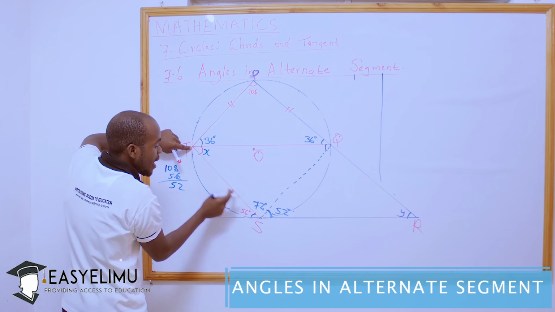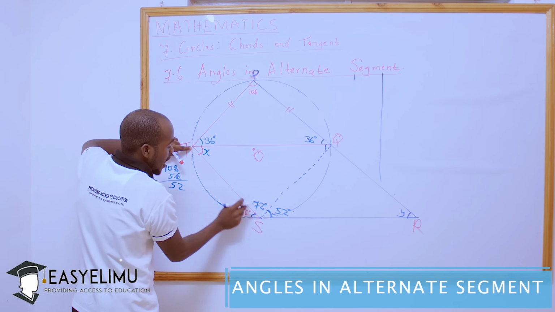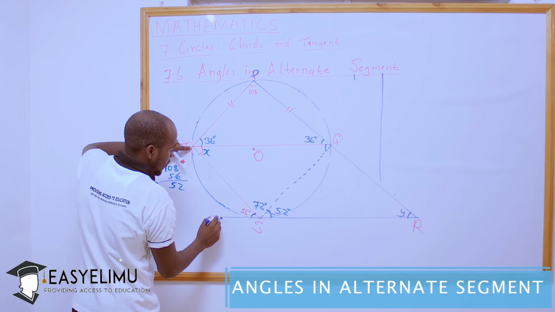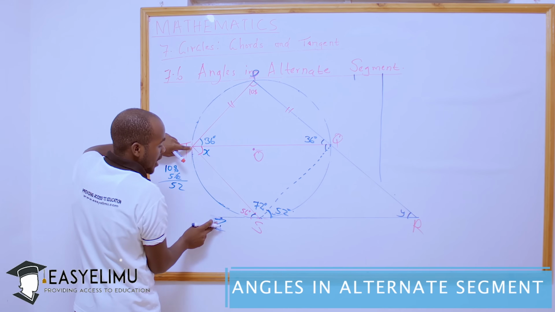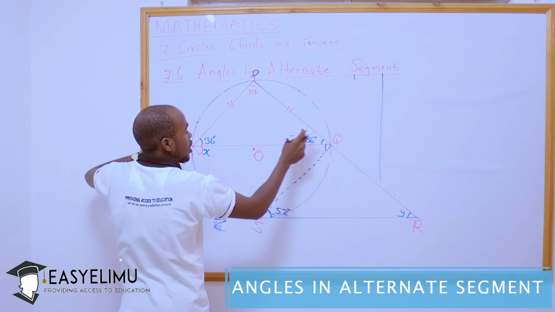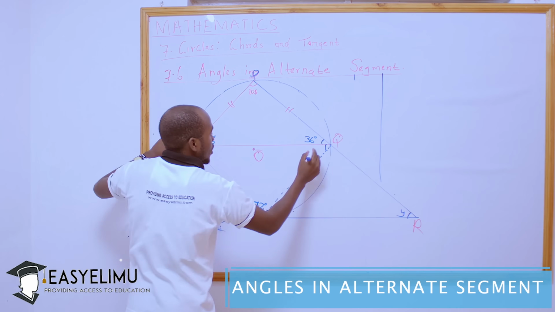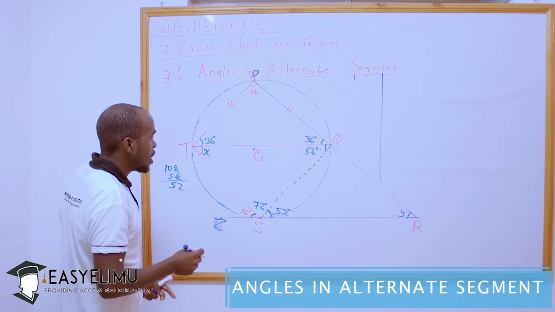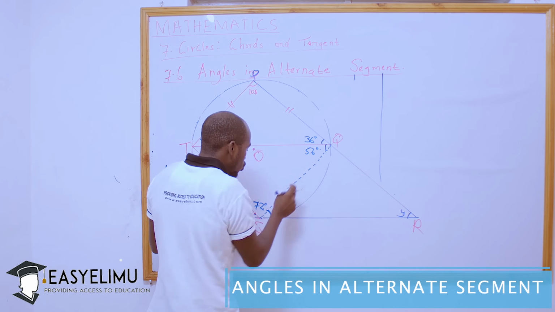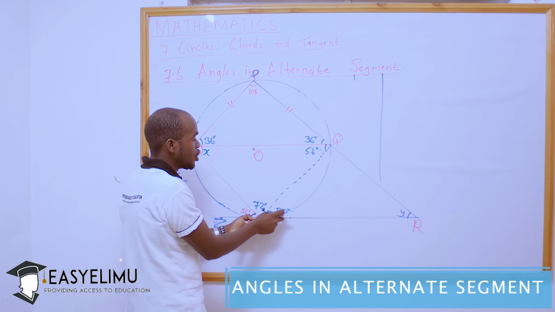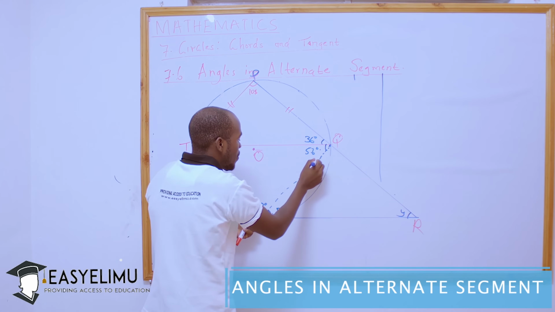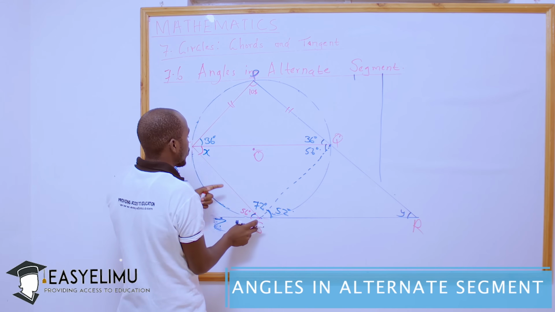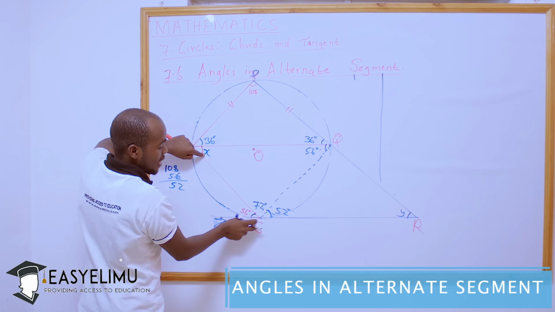So this angle TSZ, let's give this point the name Z, is equal to angle TQS. So this angle here will be 56 degrees. And the same rule applies to angle QSR, which is 52 degrees, being subtended by the chord SQ or arc length QS, and it will be equal to angle X here.